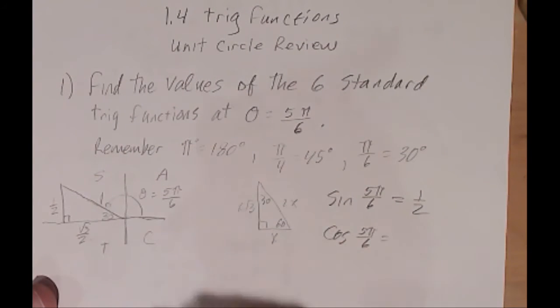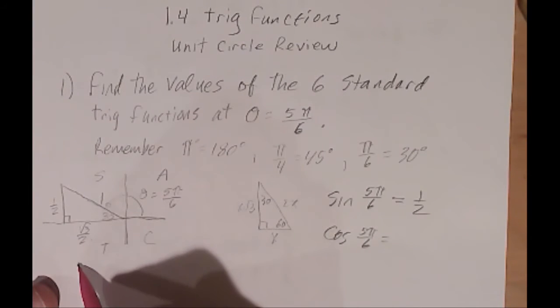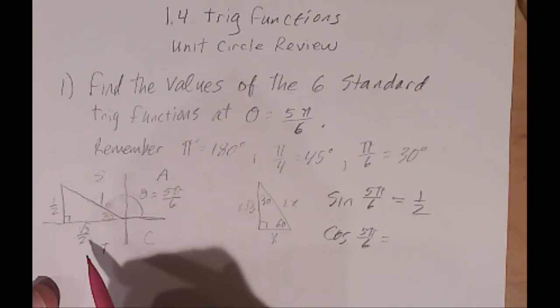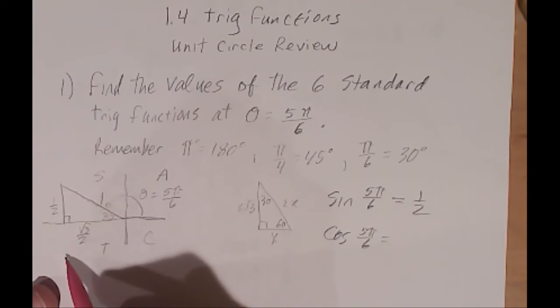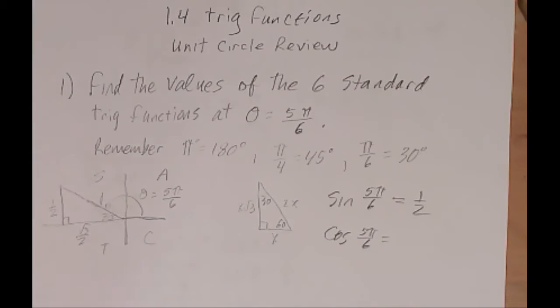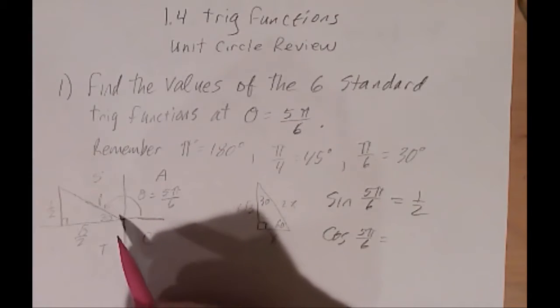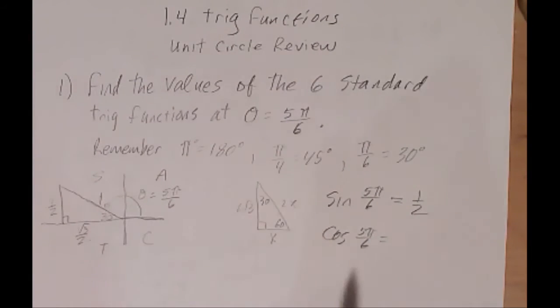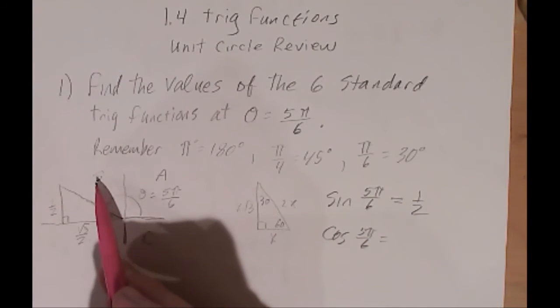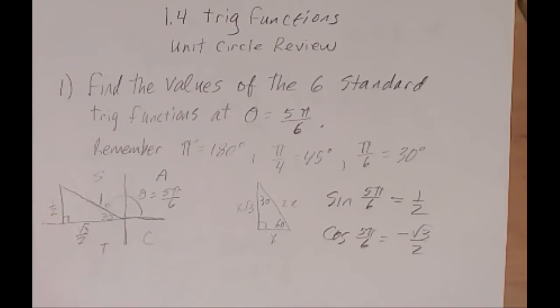Down here, where it's left and down, they're both negative, but the ratio of opposite and adjacent makes tangent negative divided by negative, which is why it's positive down there for tangent. Everything else is negative. So cosine is this over 1, but negative, so negative radical 3 over 2.